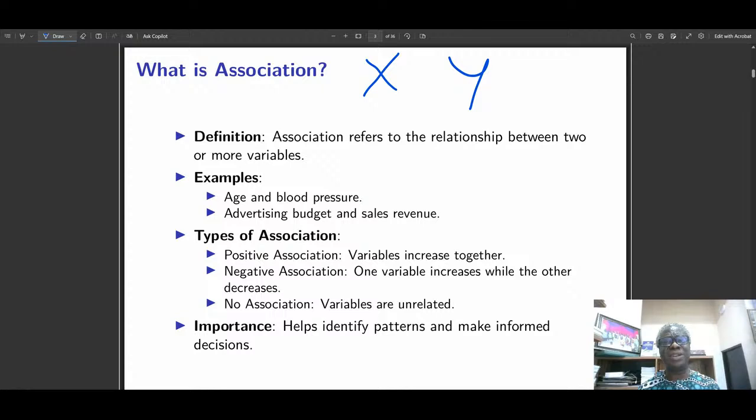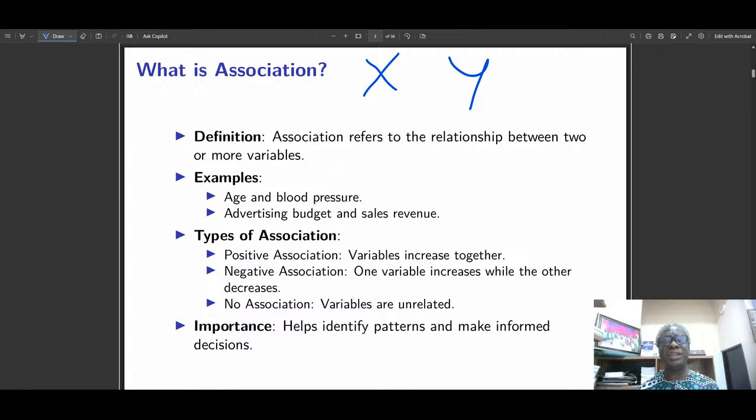Again, another example is advertising budget and sales revenue. So your X variable could be advertising budget. That's the amount you spend or your company spends on advertisement.